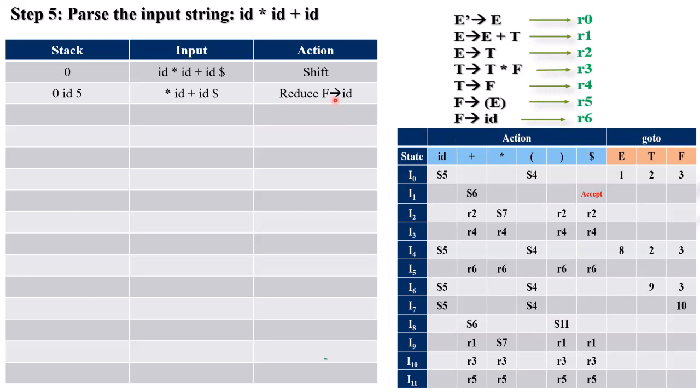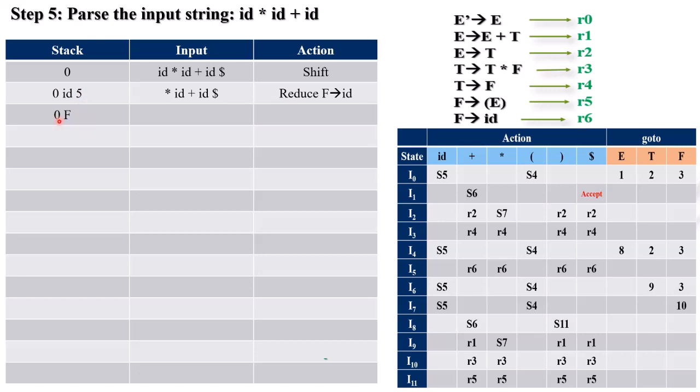Now it is most interesting: when I reduce this terminal symbol to F, what will be on the right-hand side? Let's see. 0 F is there. Whenever we perform a reduction of a terminal to a non-terminal, or a non-terminal to a non-terminal, we no longer write this 5. Now what is the new number here?